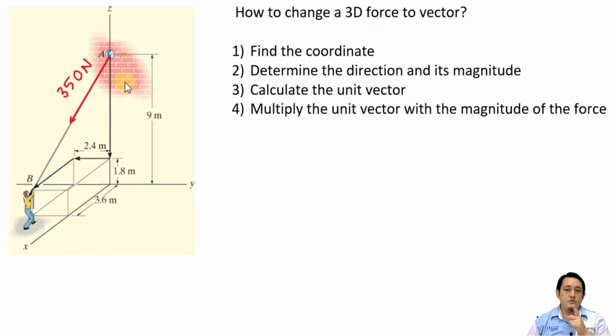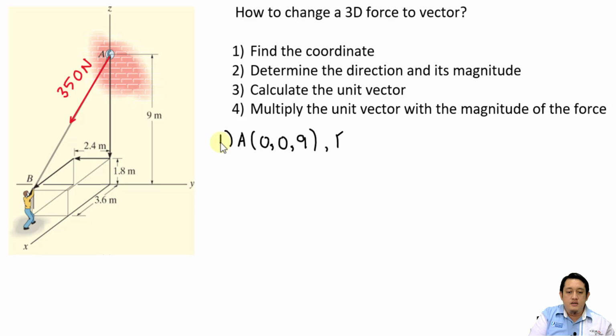Refer back to our main steps. The first one is to find the coordinates. What coordinates do we want to find? The coordinates of A and also B, because the direction of the force is from A to B. So A here is 0, 0, 9, and B here is 3.6, negative 2.4, and 1.8.